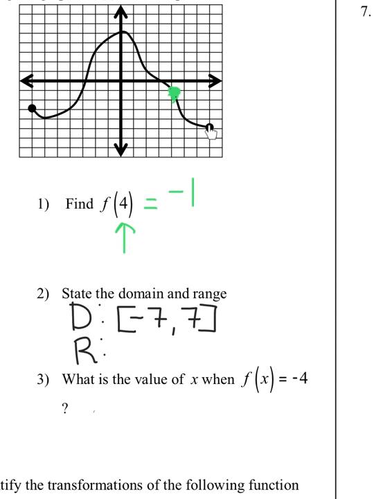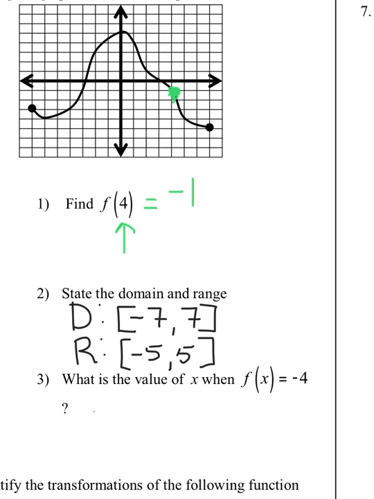So the value for y right there is 1, 2, 3, 4, -5. So the lowest point for y is -5. The highest is 1, 2, 3, 4, +5. So my range is going to be from -5 to +5.